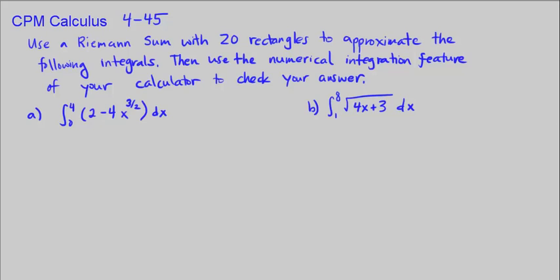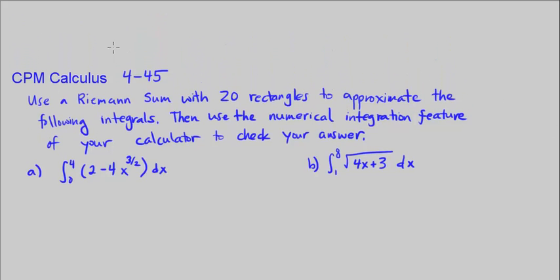Let's remember that when we were asked to find the area between our function and the x-axis bounded by a and b, it's approximately equal to sigma, which is our Riemann sum, starting at i equals 0 to n minus 1 of delta x, which is the width of each region, times our function starting at a plus delta x times i.